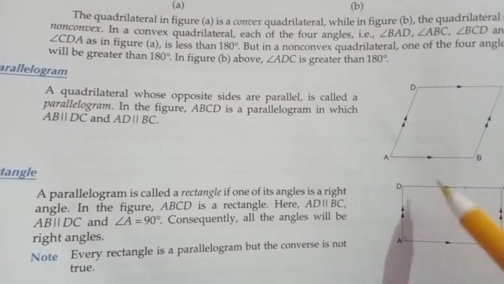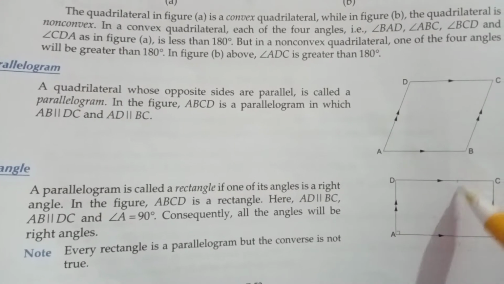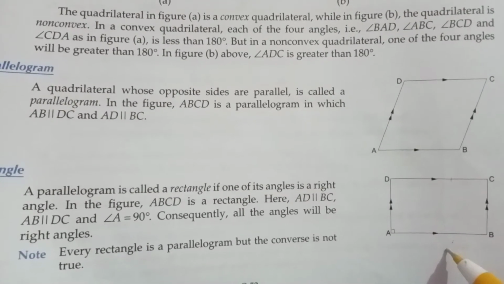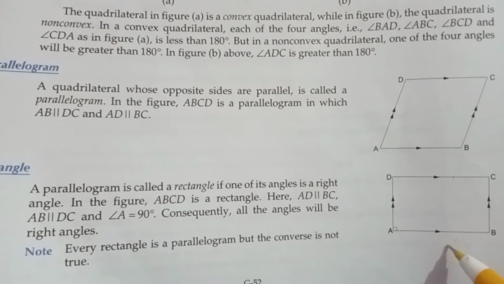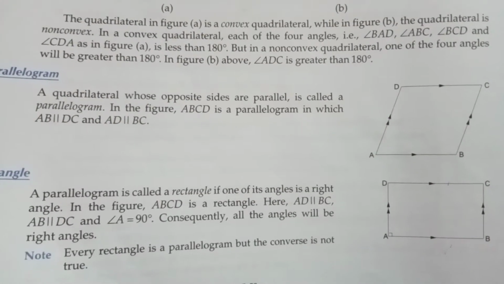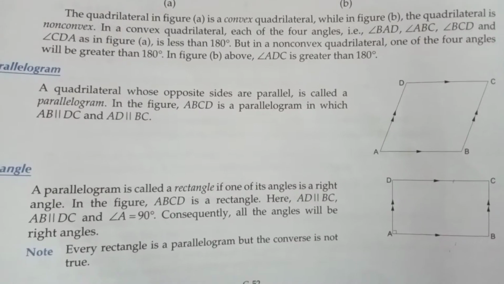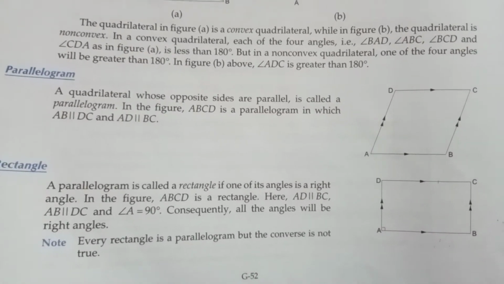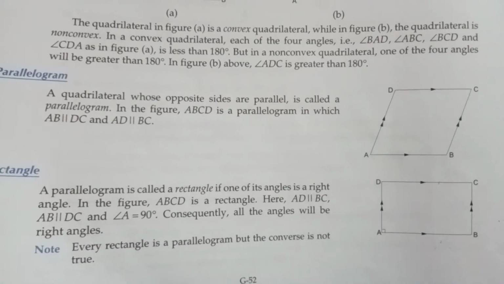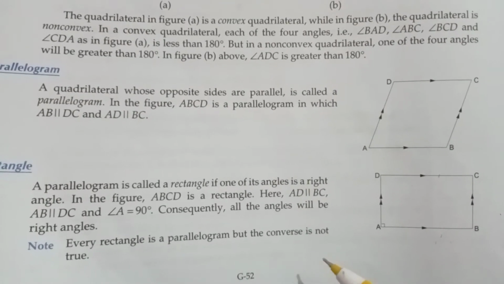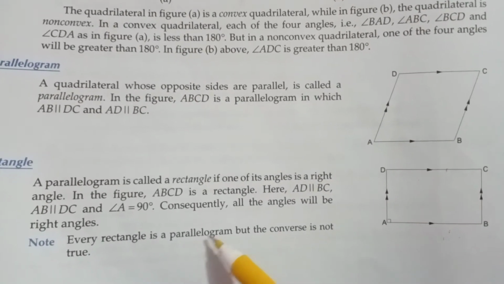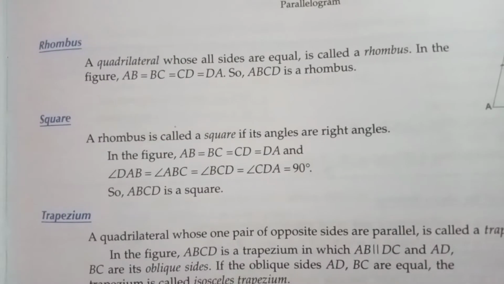Why? Because it satisfies the property of a parallelogram, that opposite sides are equal and parallel. That's why every rectangle is a parallelogram, but every parallelogram is not a rectangle.